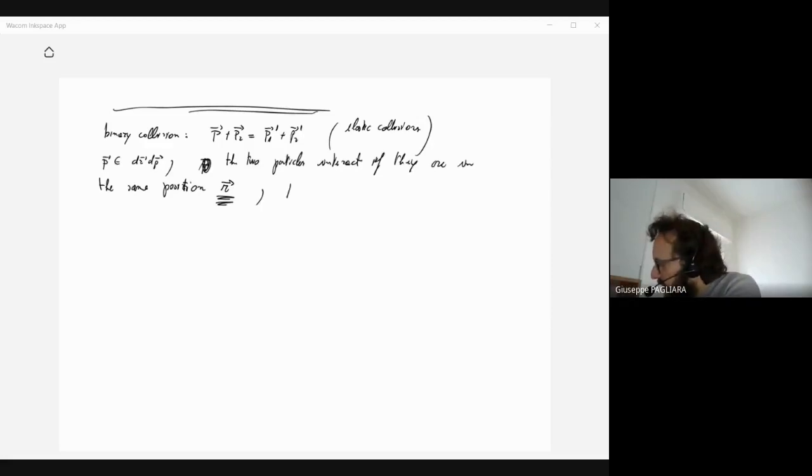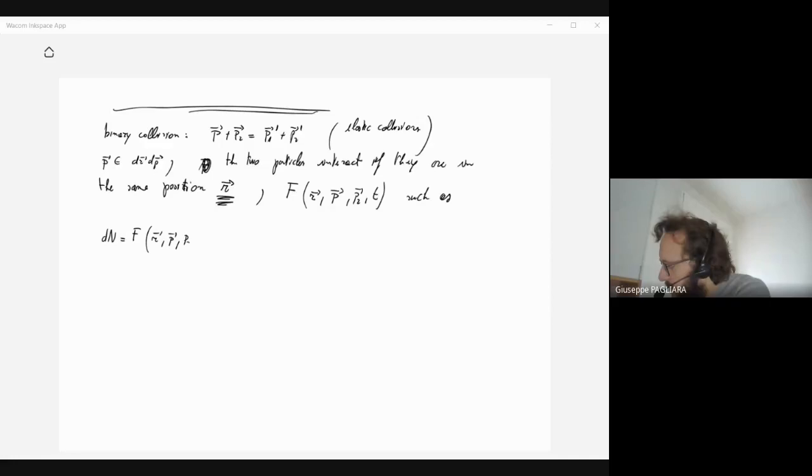And let us introduce a function f, which is a function of r, P, P2, and t, such that dn is equal to f of r, P, P2, and t times dr dp dp2, similarly for the small f.